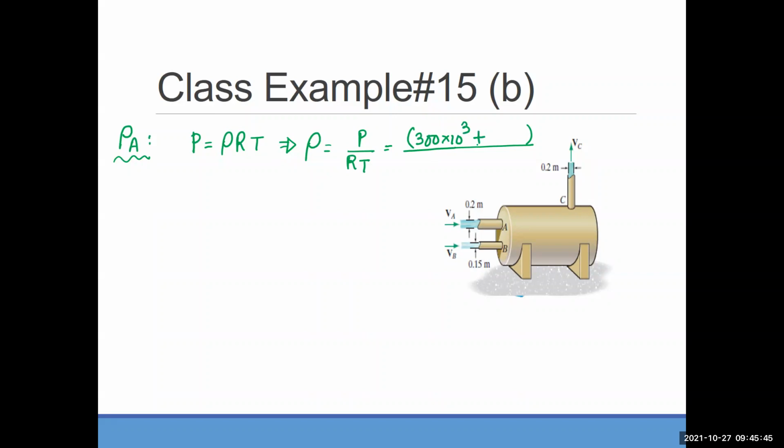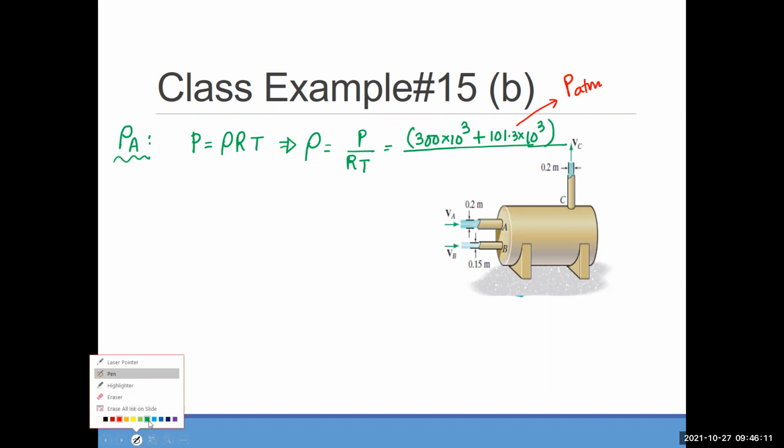And we need to add the atmospheric pressure as well, right? And the atmospheric pressure is what? 101.3 times 10 to the power. I will just make a note. P atmospheric. Can you give me the R value for the carbon dioxide from the appendix A?